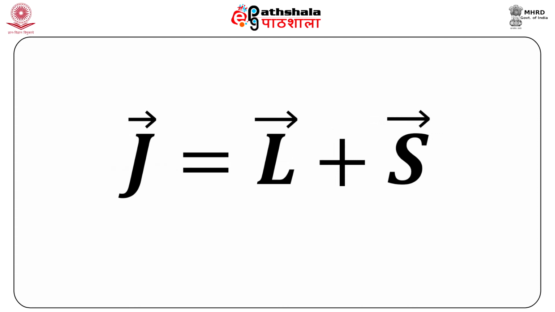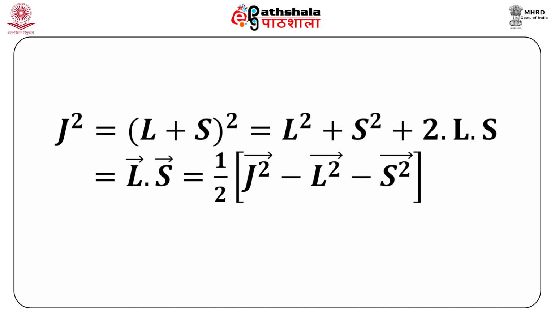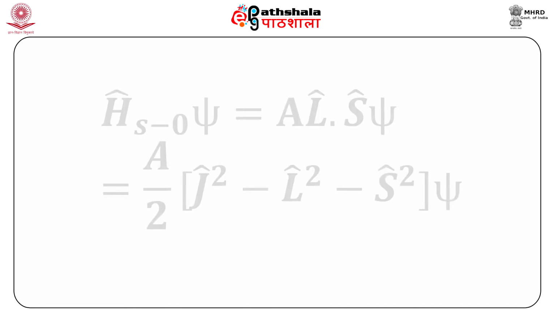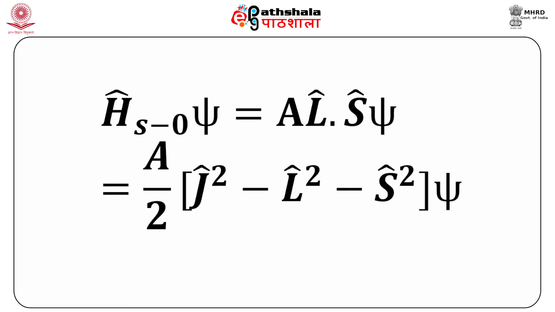Now we also know that J is equal to L plus S because it is the total angular momentum, and we can do some mathematics to show that L dot S is equal to half into J square, the vector J square, minus L square minus S square. This means that the spin-orbit Hamiltonian, when it applies to its eigenfunction, gives you the value of A, L dot S and the wave function back again, and this is given by A by 2 into J square minus L square minus S square, the magnitude of all these, into the wave function.